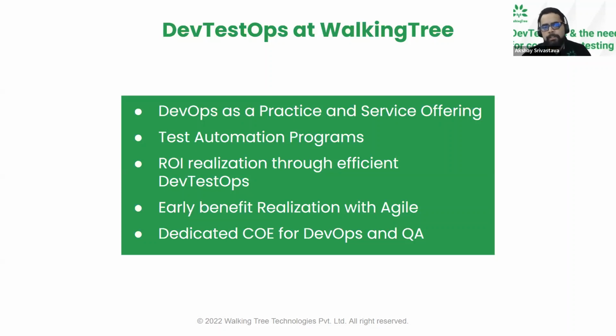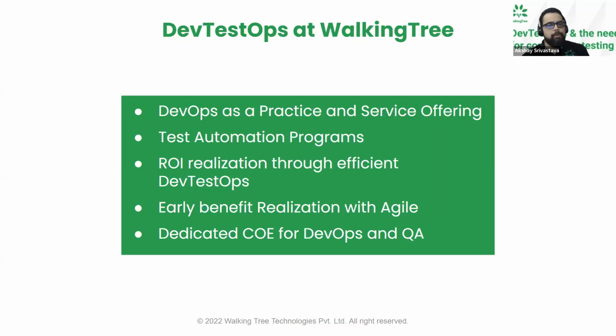We also have a strong agile practice, and we have successfully delivered multiple agile transformation programs in the past, where we bring in the coaching, process implementation, and training, and help our customers build strong agile practices within their teams. And how we keep our focus, we couple DevOps and test automation, leading to early benefit realization for our customers.